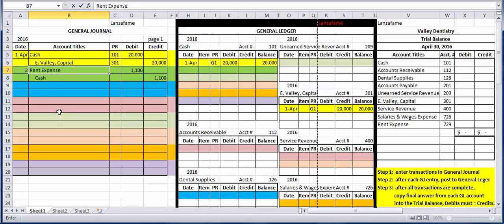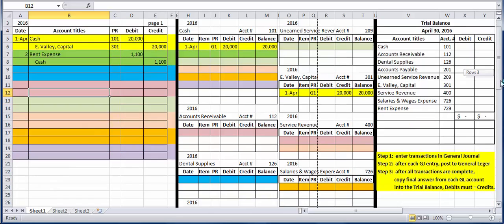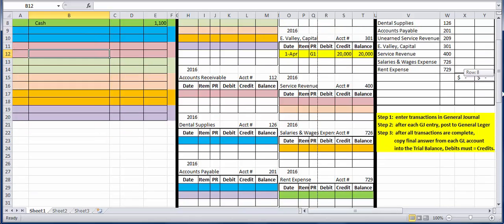Remember, even though I knew cash was one of the moves, it's a credit, and I always have to write my debits first. Debits to the left, credits indented. Look at the numbers. The debits are to the left, credits are indented. So now let's post. Find the rent expense, and here it is at the bottom. Date again, April 2nd. Nothing in the item. We're posting from G1.